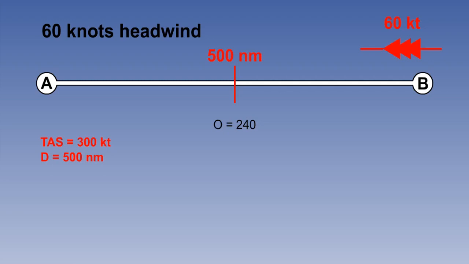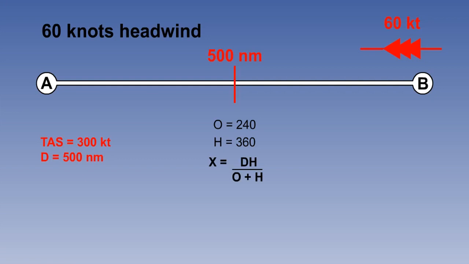Now O, the onward ground speed, will be the combination of the 300 knots TAS and the 60 knots headwind. This gives an onwards ground speed of 240 knots. However, if we return, the headwind becomes a tailwind, and H, the homebound ground speed, becomes 360 knots.